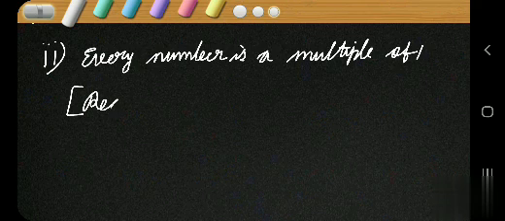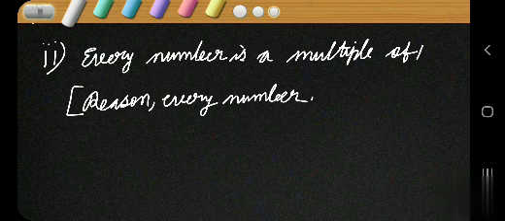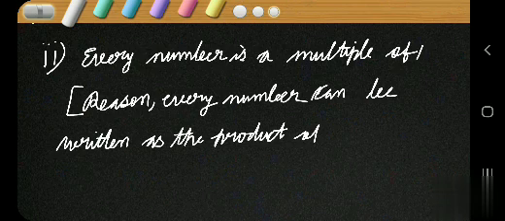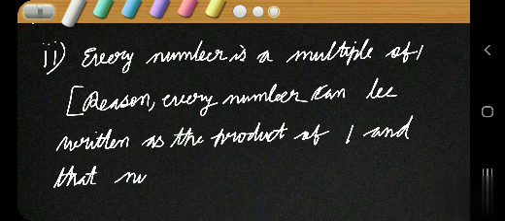Reason: every number can be written as the product of 1 and that number.